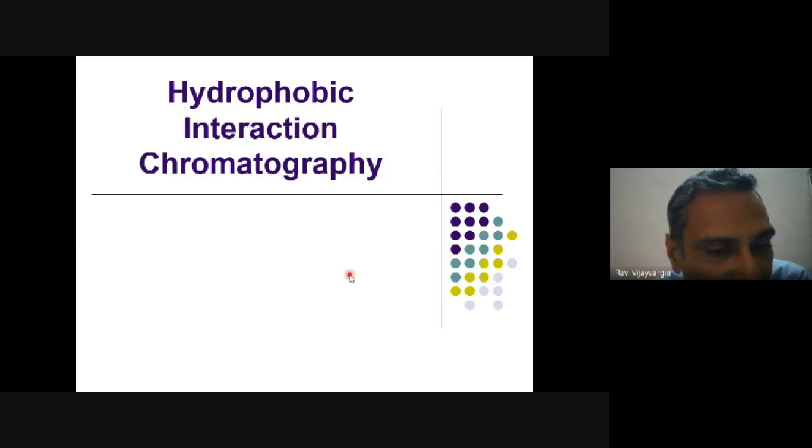If you have some rough idea about the properties of your molecule, and a diagnostic test to know in which fraction it is going to come out, then you can first run an HPLC column and see how it behaves on the column, what the retention time is, and all those things. It will help you to fine tune your strategy to purify it. Okay. Thank you, sir.